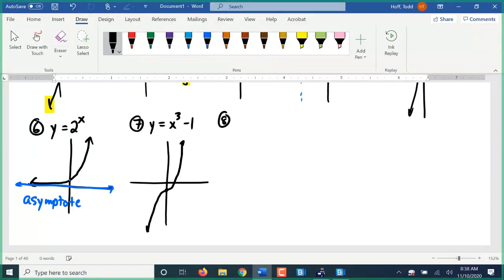Number 8 can be pretty tough to graph. y equals 8 over x. I suggested some numbers for x there. But if you tried to use the 0, it didn't work out.